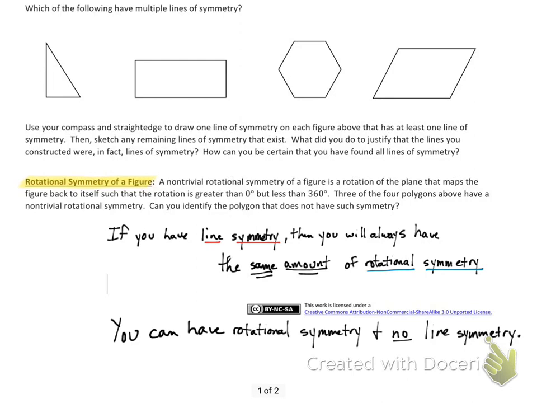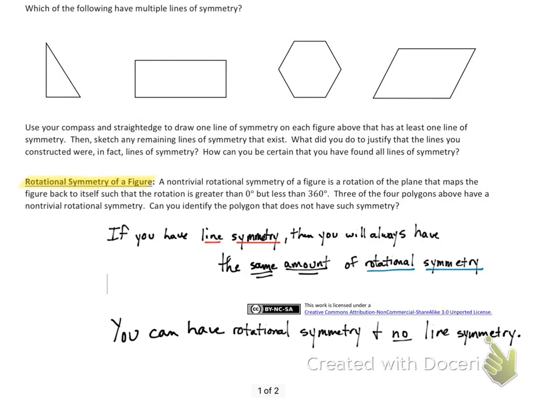All right. The last note, and we don't necessarily have to write this down, but we might. That hexagon right there is a regular hexagon.